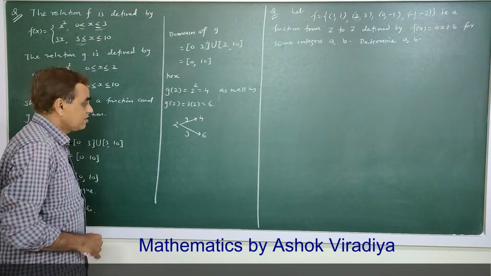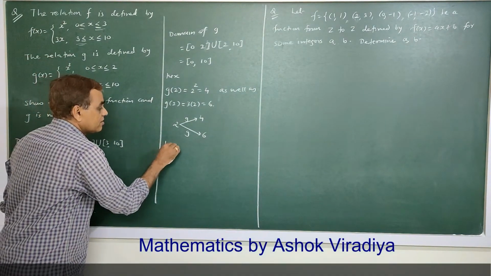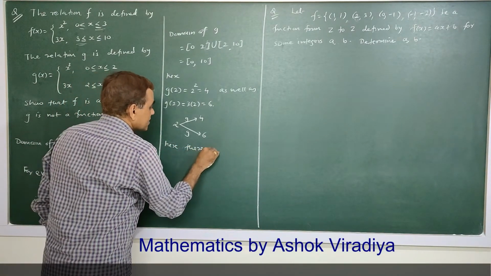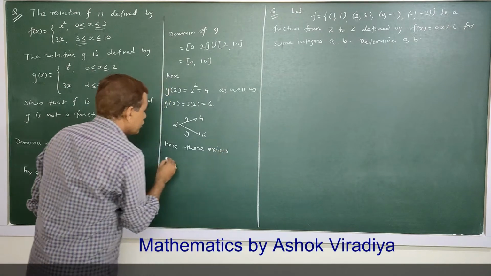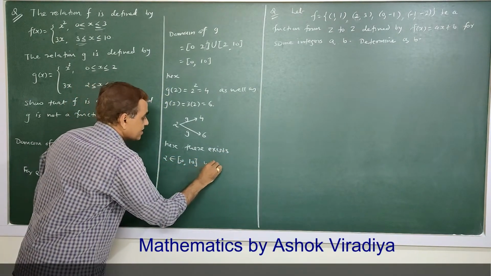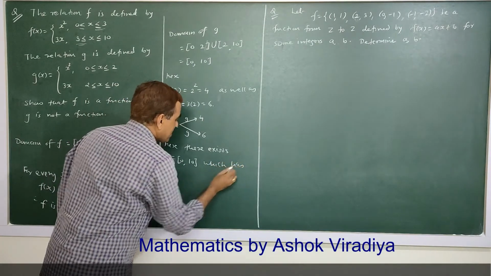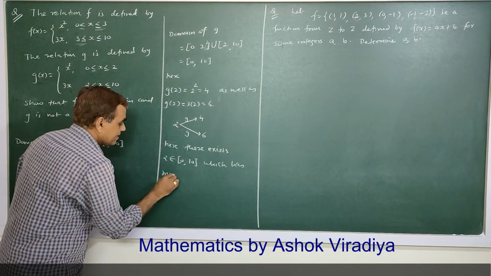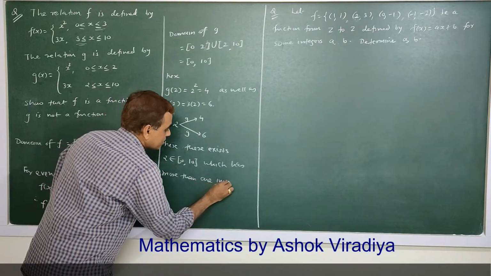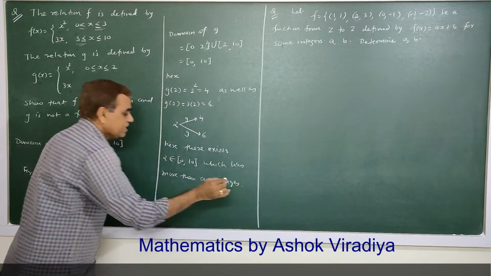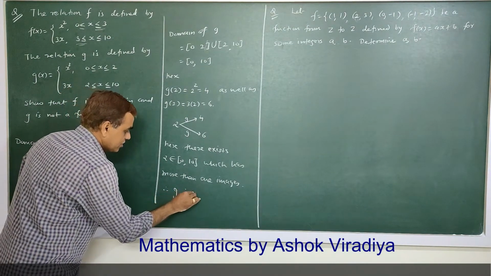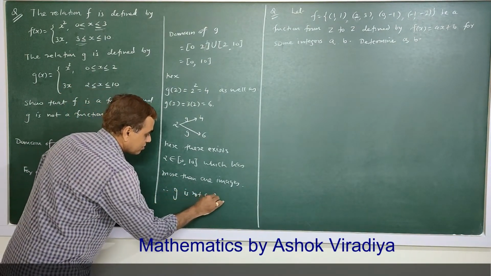So here there exists 2 in the domain which has more than one image. 2 has no unique image. Therefore, G is not a function.